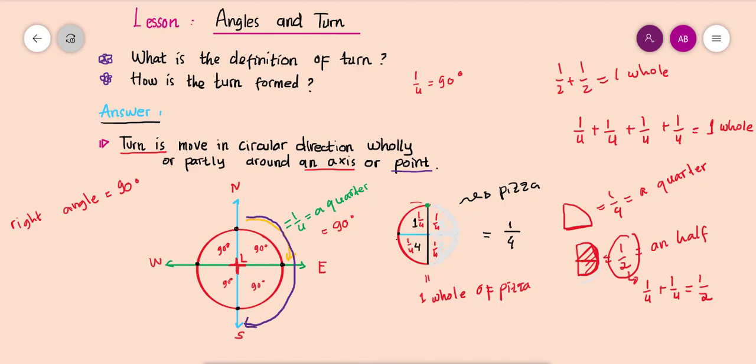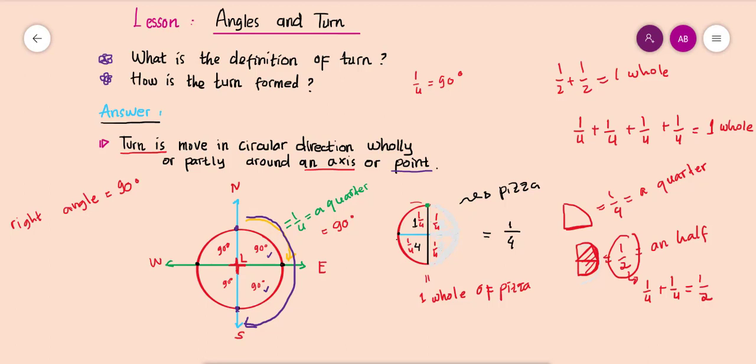What does it form, everyone? From this point until this point, what does it form? Of course, how many 90 degrees have we passed if we walk from north until south? Okay, 1, 2. So that means 2 times 90 degrees.